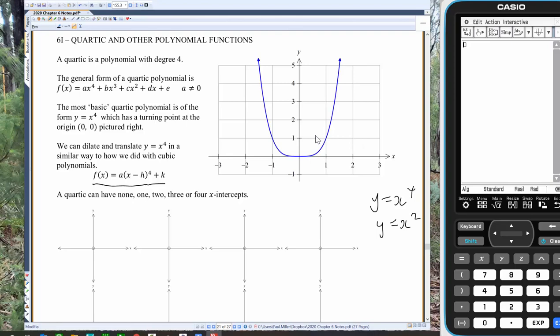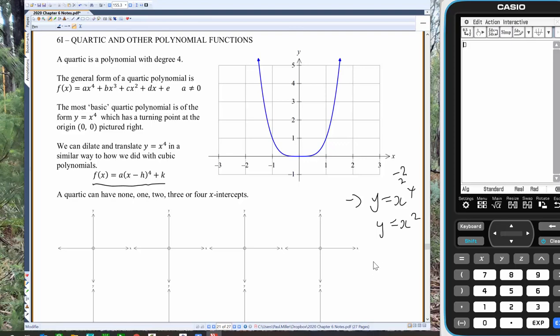And the same behavior occurs on the other side. So if I sub in x equals -2, say, and x equals 2, it'll yield the same result. So they're symmetric. The only real difference is that quartics jump very, very quickly, because instead of power 2ing something, you're power 4ing it. But the other thing is it has this flatter bottom here.